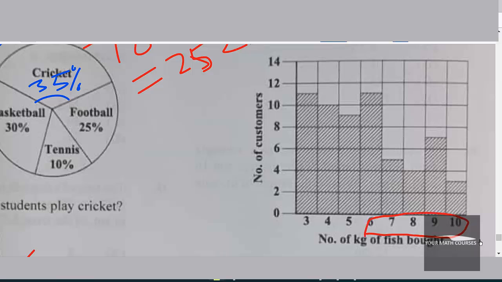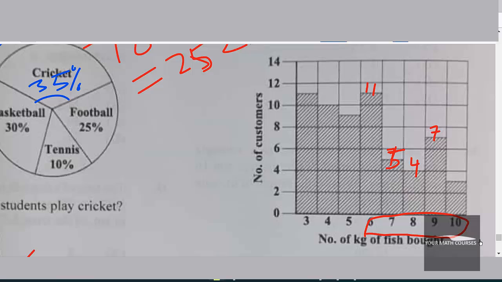So we are going to add the frequencies. So we have 11 here. Then we have, this is not 7, yeah, this is 5. We have 5 here, we have 5 here. Then we have 4 here. Then we have 7 here.